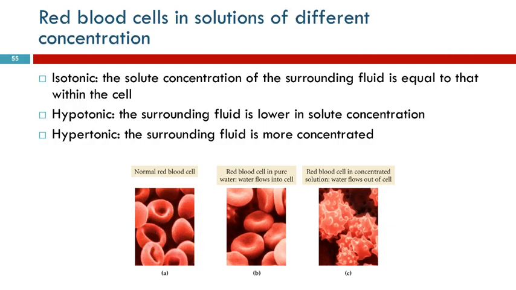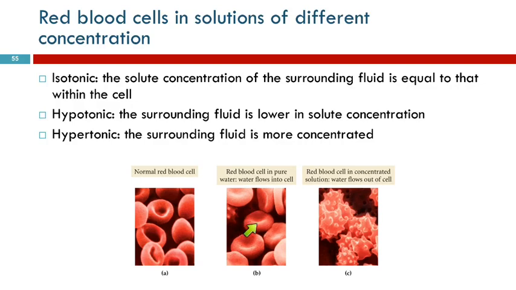The concentration of dissolved solids or dissolved ions in your blood is about 0.9% sodium chloride. So if you have this in a solution where the concentration inside the cell is the same as the concentration outside the cell, there's no net flow of water and the red blood cells stay the same.